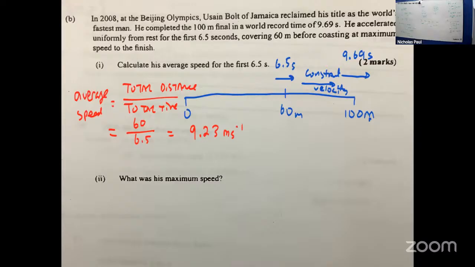You put in the same thing, 60 over 6.5. Yes, 9.2, two significant figures. Get into the habit of using two significant figures.